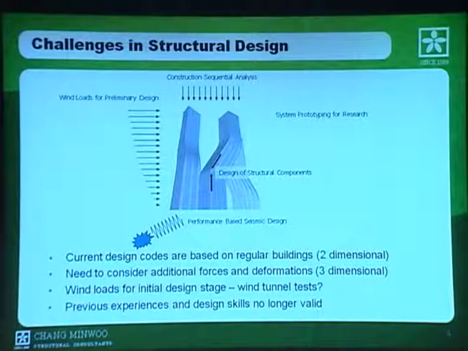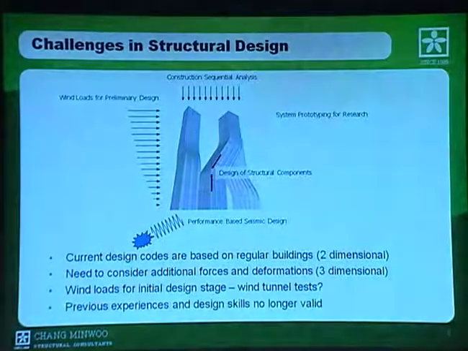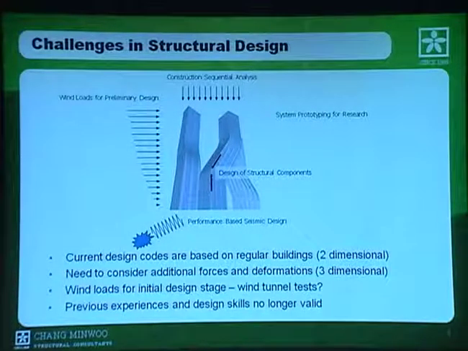Since current design codes for structural components are mainly based on regular buildings, which are composed of two-dimensional frames, we need to consider additional forces and deformations in the members of complex shaped structures.